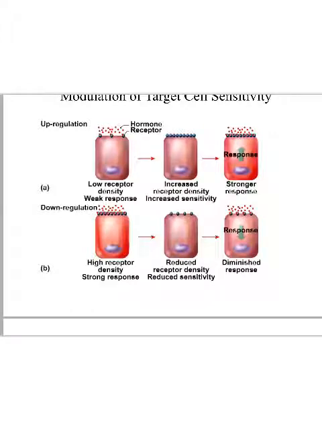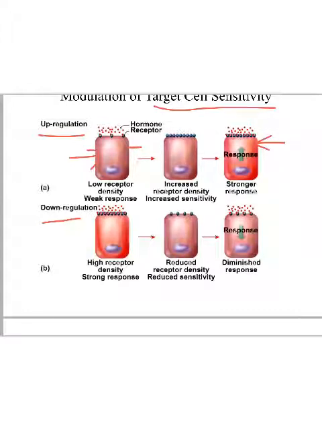Okay, so we can also modulate the sensitivity of target cells. Our body does this. So we have upregulation and downregulation. Upregulation is if we add receptors. So if you look here, we don't have many receptors, and then maybe when you're getting to puberty, you end up having more receptors for testosterone.